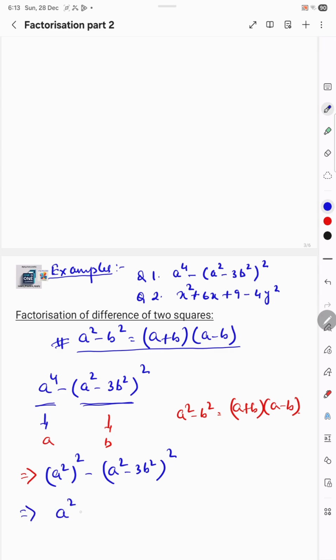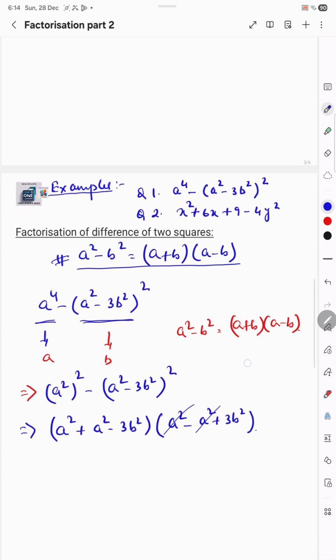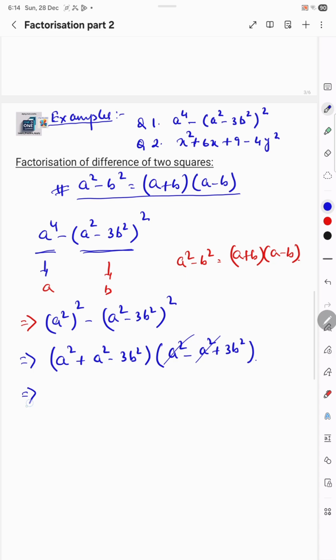This becomes a square plus a square minus 3b square into a square minus a square plus 3b square, like this. So these two will get cancelled. So we get 2a square minus 3b square as one term, and another one is 3b square. So this becomes our answer.